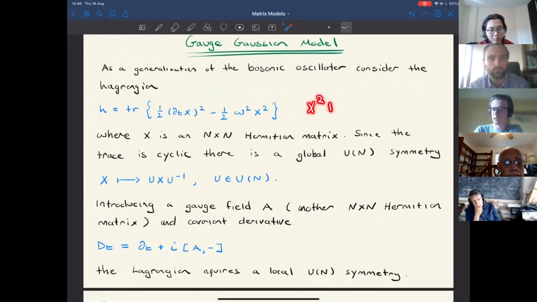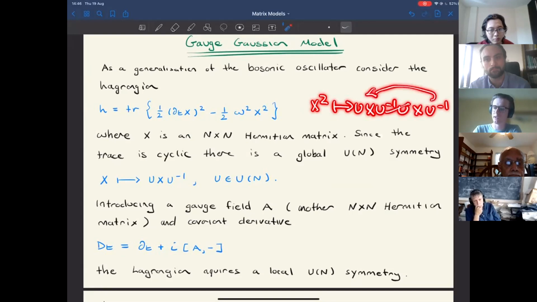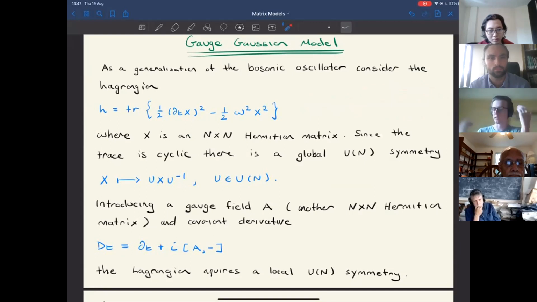Because x squared will go to u x u inverse u x u inverse. These will cancel, and the cyclicity of the trace will allow us to bring those next to each other, and they'll cancel off each other as well. Okay, so we'll just get the same thing back.